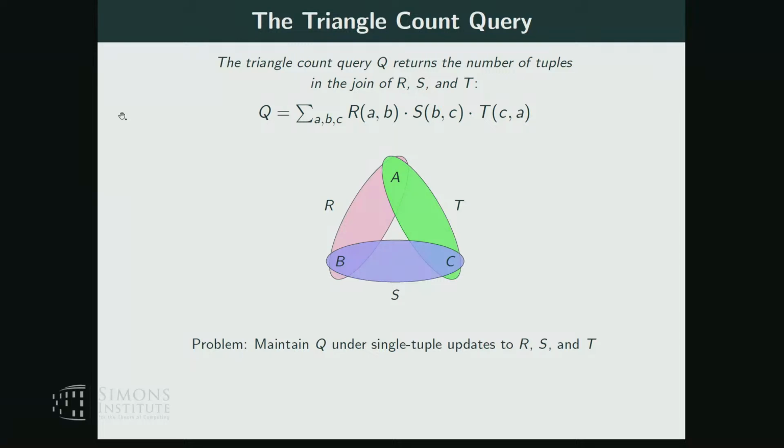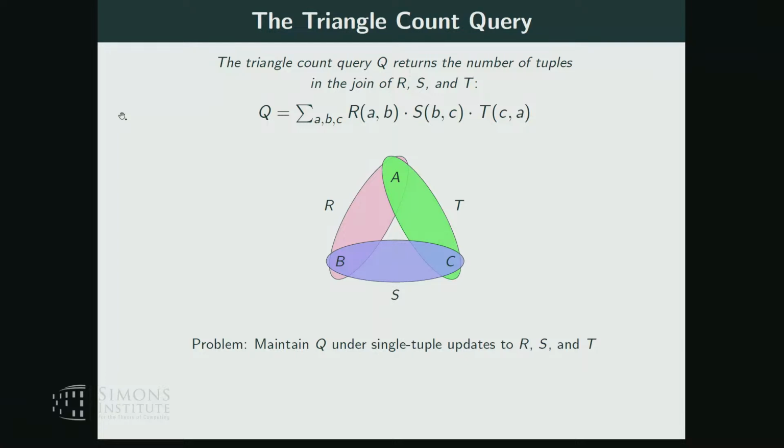Which means that basically I take A to iterate over all the values in the active domain, which is the possible values of A I have in R and T. Then B will be the same from the active domain of B, and C the same.